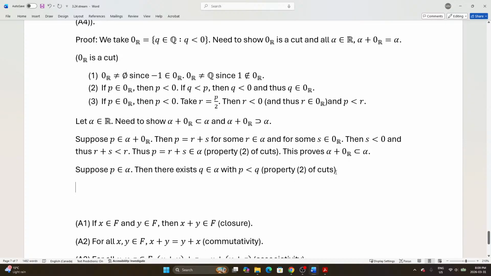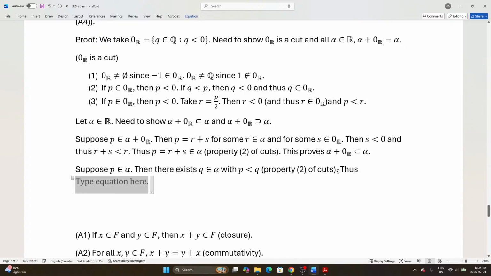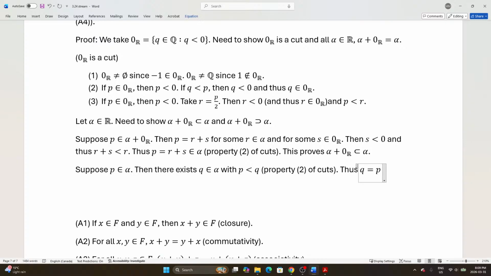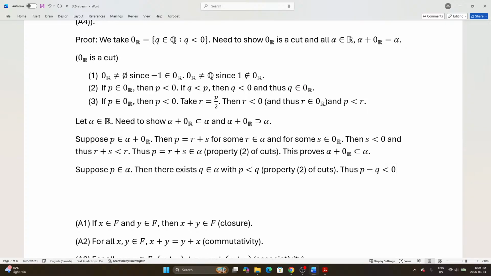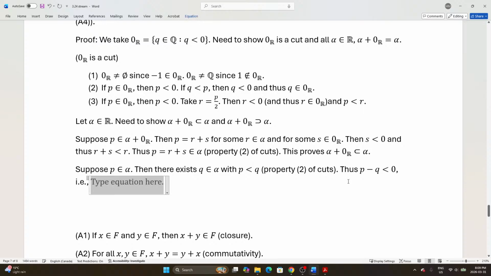Therefore, we want something negative because we want it to be in 0R. P minus Q is negative, so P minus Q is in 0R.